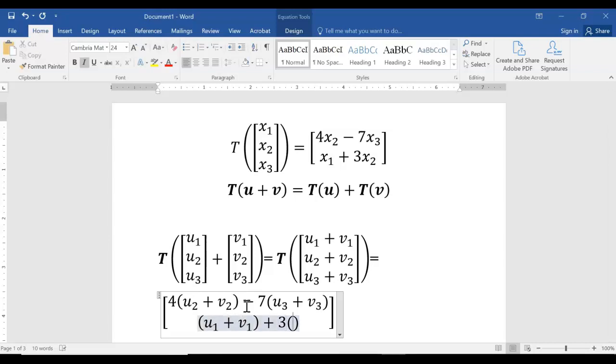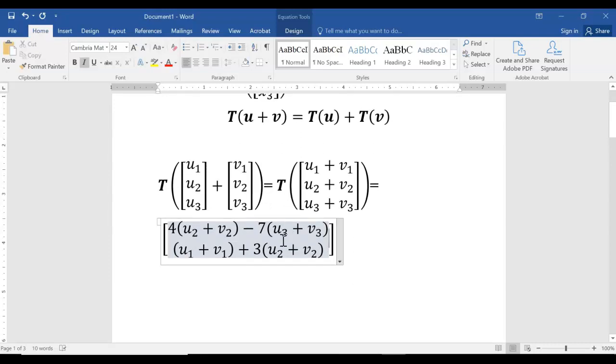And then the second spot on my input is going to be u2 plus v2. So we get a vector as an output that looks like this.